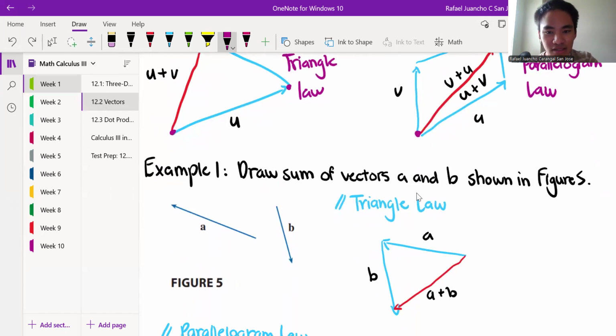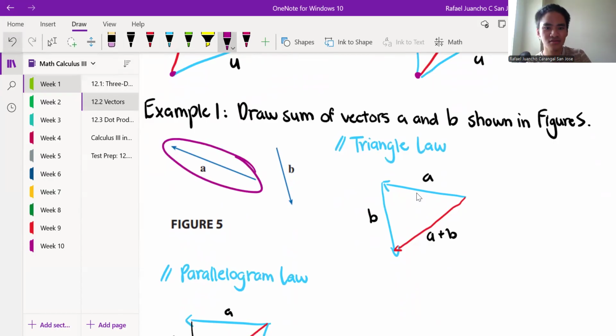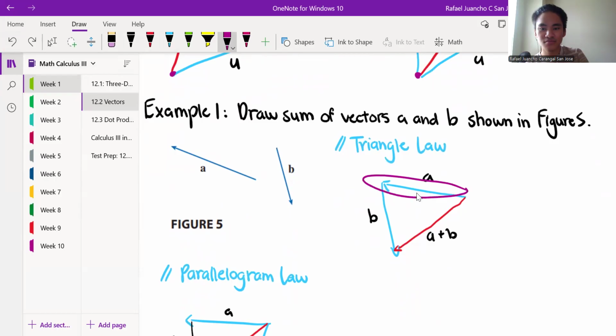Okay, and then now we have the sum of vectors AB. So how do we draw that? Well, here we can see we have this vector A. We add it to this B. And then now we get this AB. So here we can do the Seattle thing again.